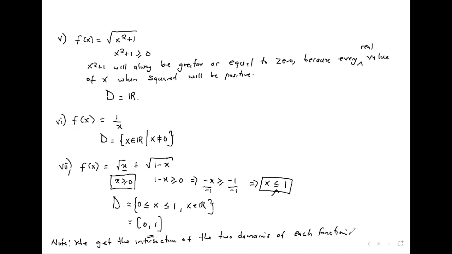You've seen that the first function has its own domain, the second function has its own domain, but they are all for the same function. So we combine the two domains, we get the intersection, where they are both defined.